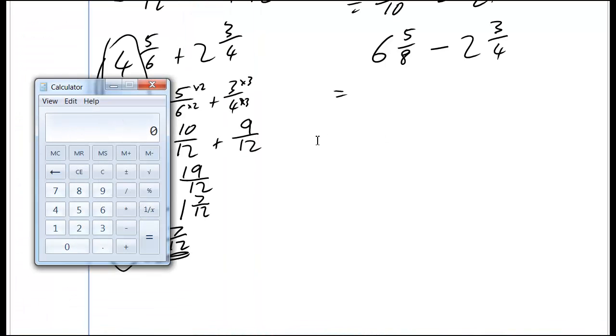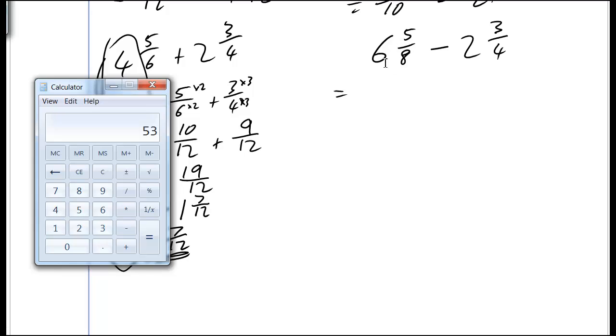Okay, here we go. So let's convert 6 and 5/8 to an improper fraction. So what we do is we go 6 times the denominator 8 equals 48. Add on the 5 from the top, that's 53.